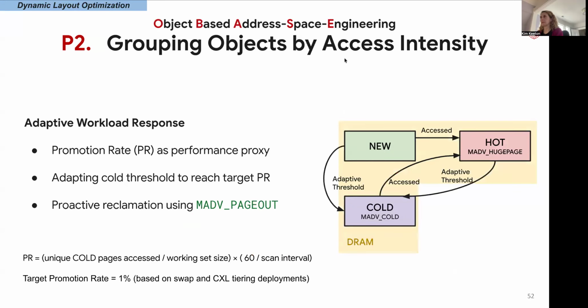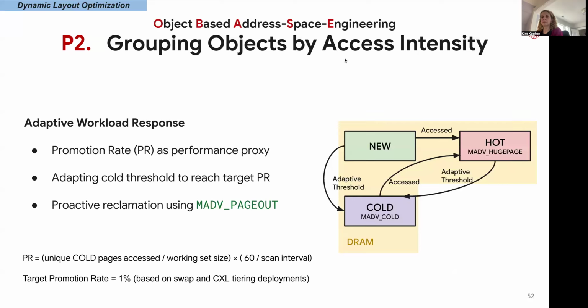As the requirement showed, we need to adapt dynamically. Although the cold heap, hot heap, and new heap exist, they don't necessarily need to be in a secondary tier. They're all in DRAM. We have a performance proxy called promotion rate, where we measure what fraction of all accesses in a given time window go to the cold heap, and we try to maintain this target promotion rate at 1% based on prior studies.